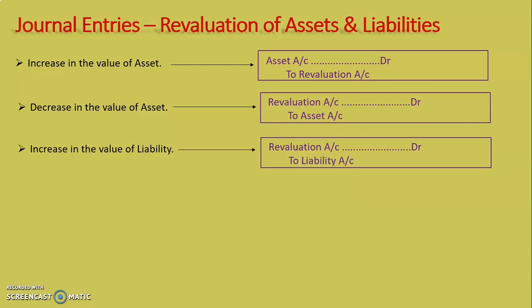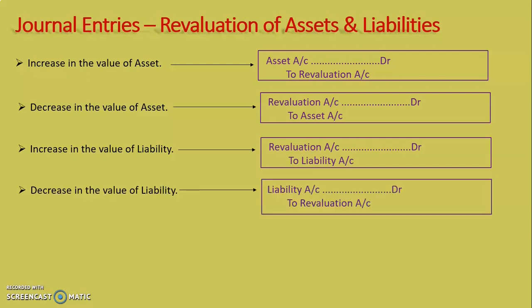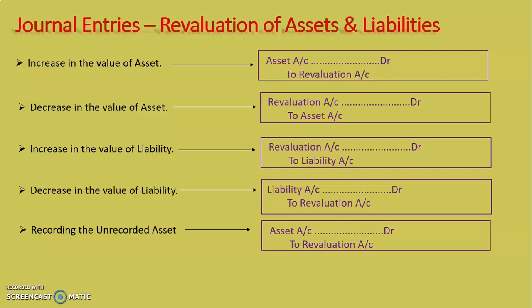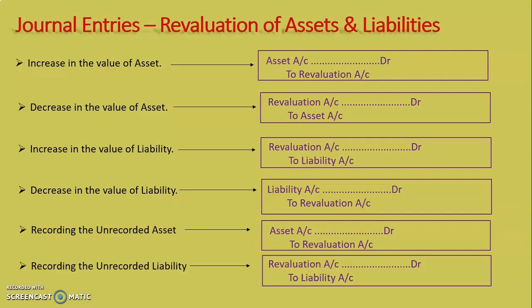Increase in the value of liability, revaluation account debit to liability account, and decrease in the value of liability, liability account debit to revaluation account. Then if there are any unrecorded assets which are not recorded earlier, and now when we record them, the entry will be asset account debit to revaluation account. Similarly, unrecorded liability, revaluation account debit to liability.